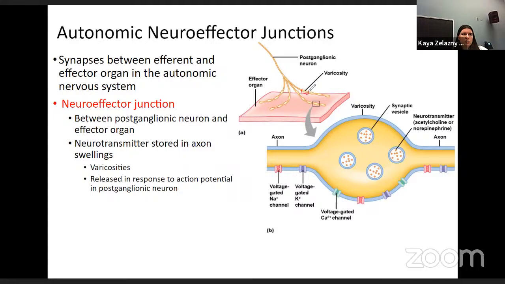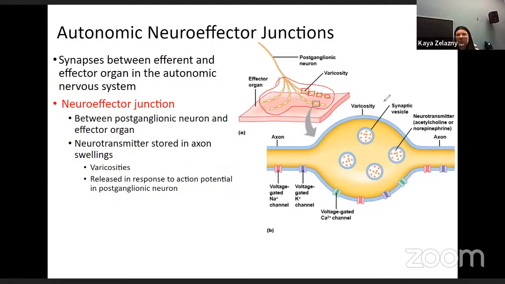We have these extra swellings along the ends of our neuron. As our axon splits out, we have these varicosities. These varicosities are storing neurotransmitters, and then we're going to release those neurotransmitters from all these varicosities and spread out this effect along these spaghetti fingers of the postganglionic neuron. So varicosities rather than axon terminals here.